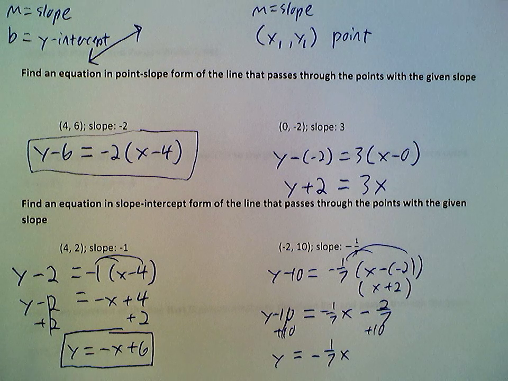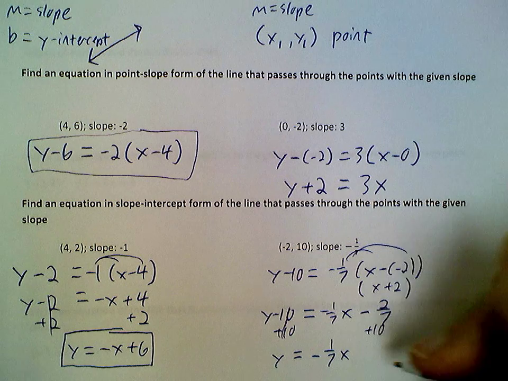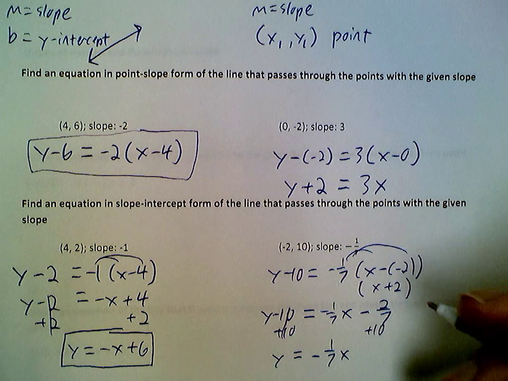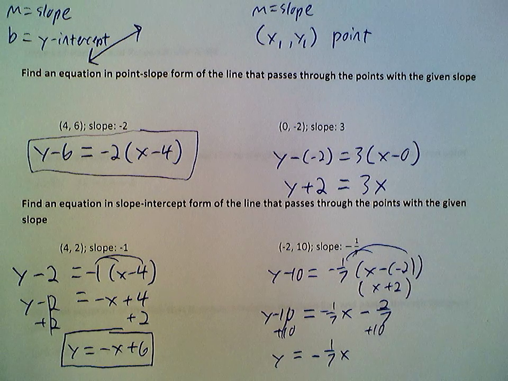So you can leave this in fraction form or decimal form. It doesn't really matter. But I would probably just leave it as an improper fraction, if anything. When you add this together, you have to get common denominators.